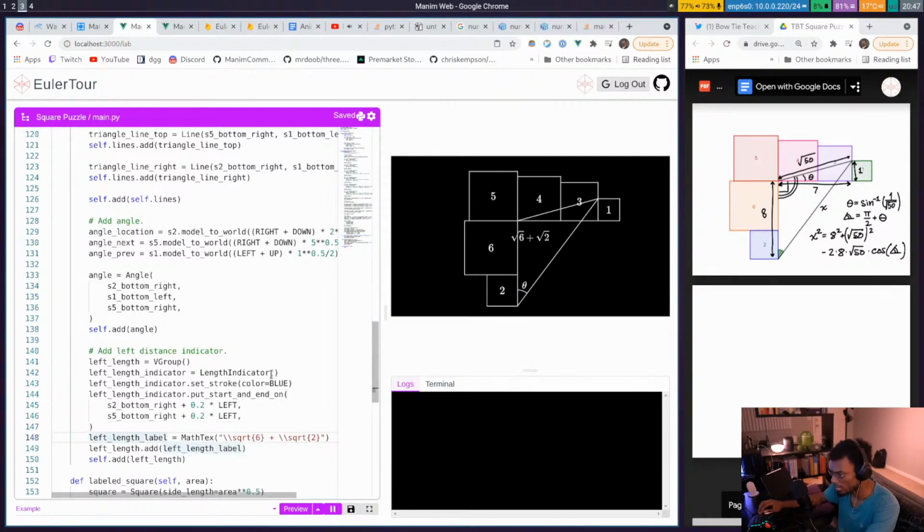The indicator, then the label. And left length dot add both of those. I'll do it that way. Although now this needs to be positioned. Yeah, that's not a big deal.